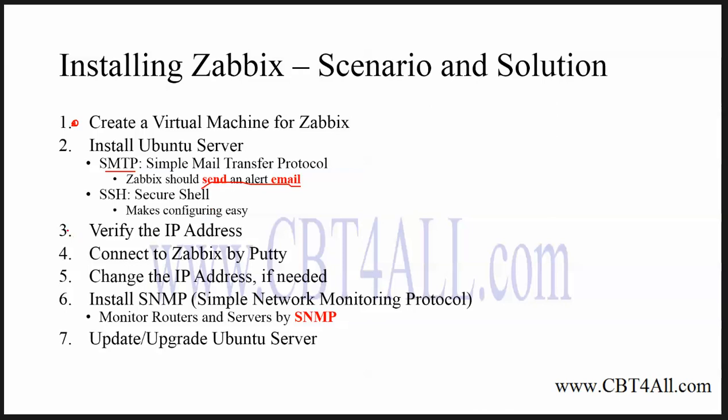After that, we will verify the IP address. We try to connect to Zabbix by Putty. We change the IP address if it's needed. We will install SNMP because we want to monitor networking devices and servers. And finally, we will update and upgrade Linux. By the way, we use the Ubuntu distribution for installing Zabbix.